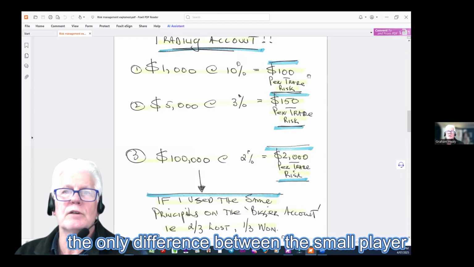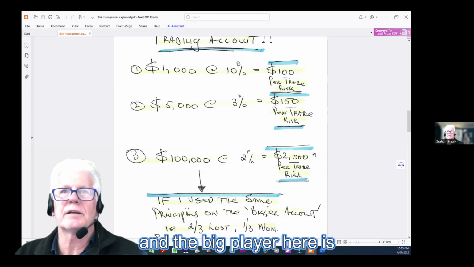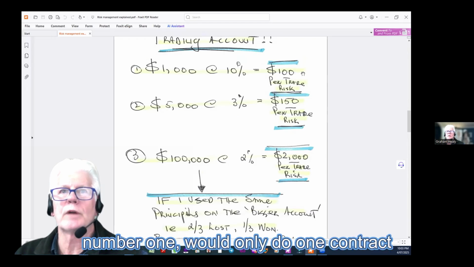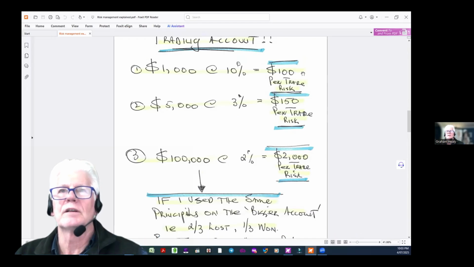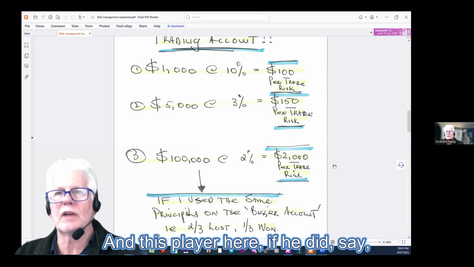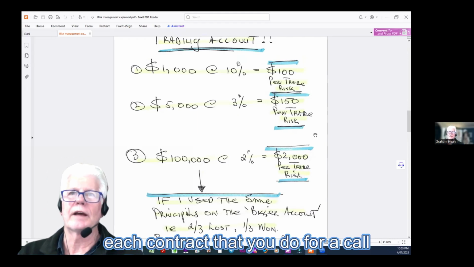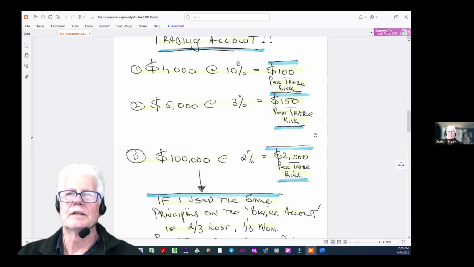So the only difference between the small player and the big player here is this player here, number one, would only do one contract for $100, say a call option. And this player here, if he put forward $1,000, that's just 10 contracts. Each contract that you do for a call controls 100 shares.